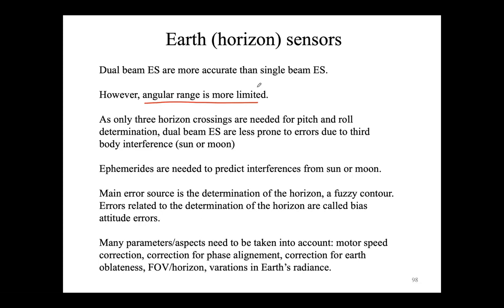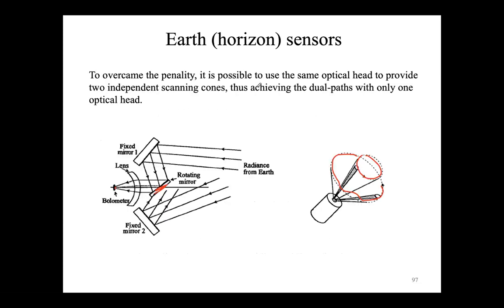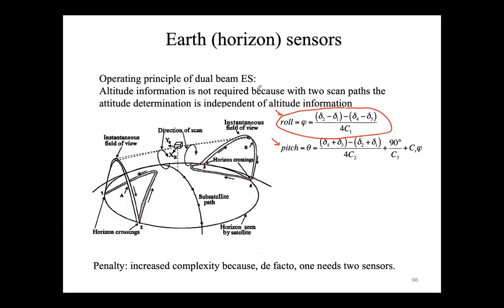For example, in conjunction with Earth sensors, sun sensors or star trackers are used. And you also have to be careful that the sun, for example, can be a problem for Earth sensors.